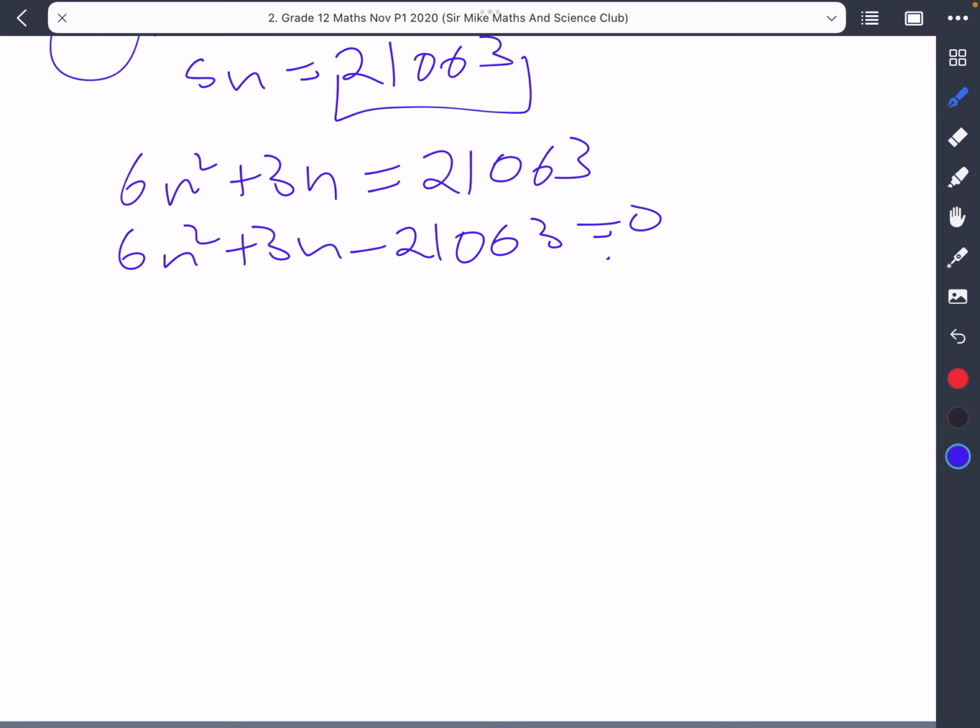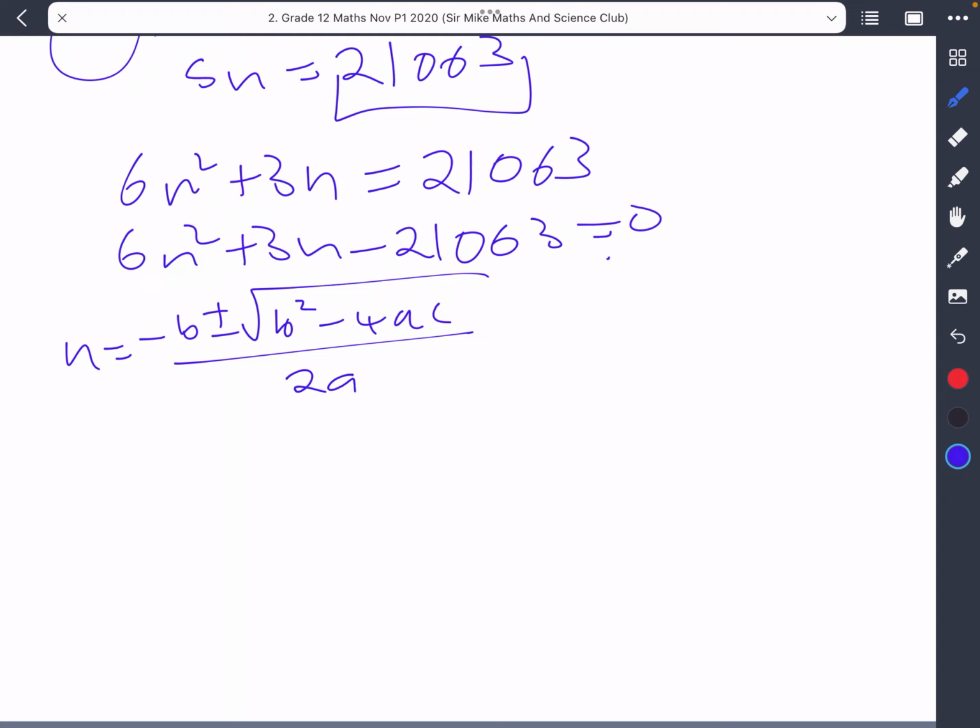I'm just going to use the quadratic formula that we normally use. So n would be equal to minus b plus or minus the square root of b squared minus 4ac, all of that divided by 2a.